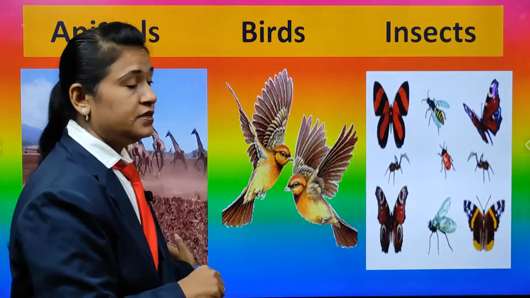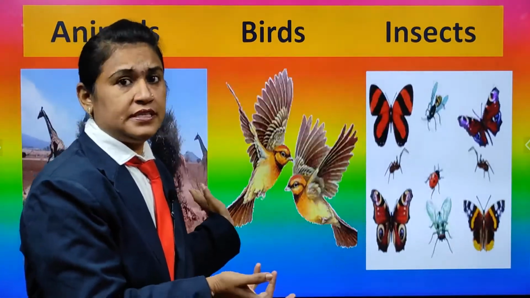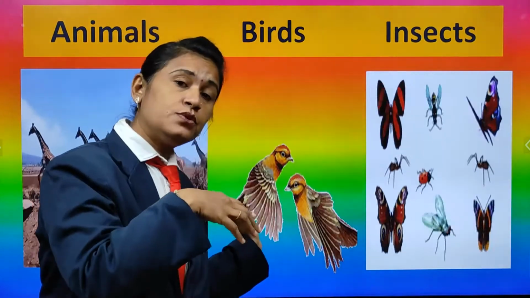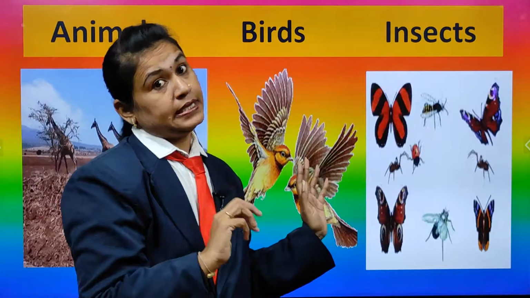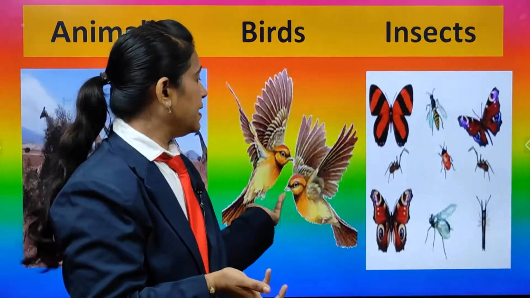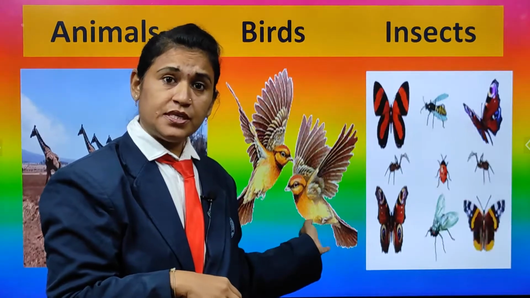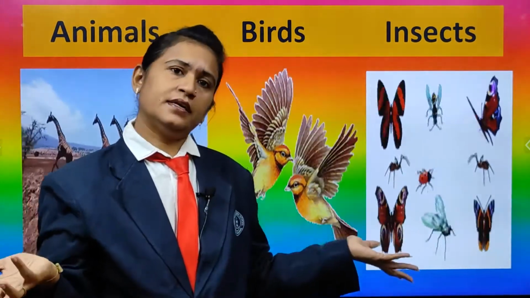Animals, you can see animals, they can walk, they can run, they eat, they also grow, small babies, then they become big, they also die, they are alive. Birds also, they can fly, they can also eat, they are first small chicks, then they become birds, they die.